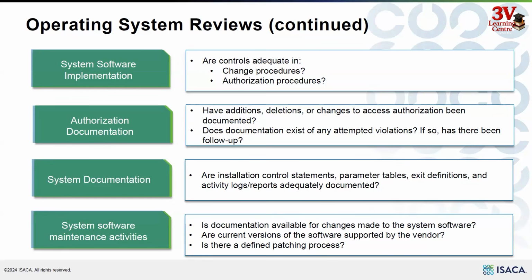Does documentation exist of any attempted violations? If so, has there been follow up? First things first, is it possible for us to identify when there is an attempt to violate the access controls we have in place? That means, have we enabled logs?